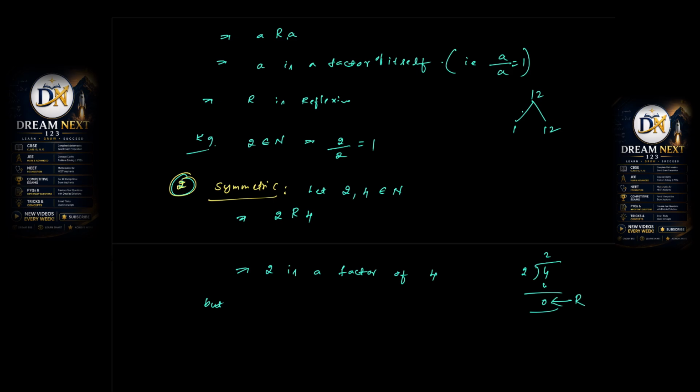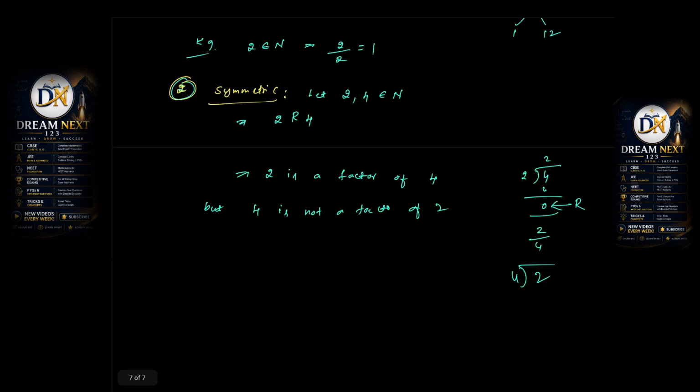This is true. But 4 is not a factor of 2, because 4 does not divide 2 completely. It is a smaller number being divided by a big number, it does not divide completely. It does not give remainder 0. Yes or no?